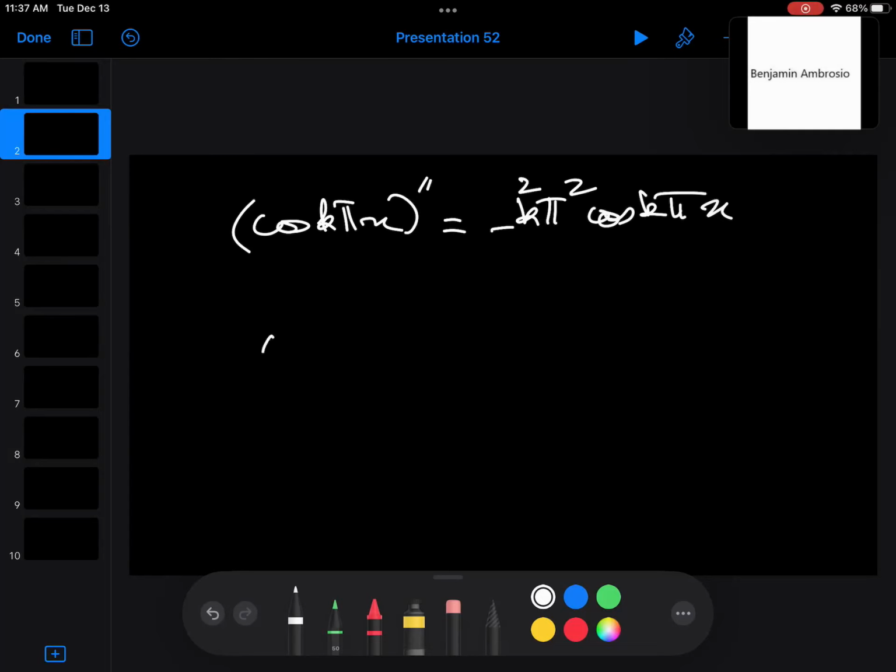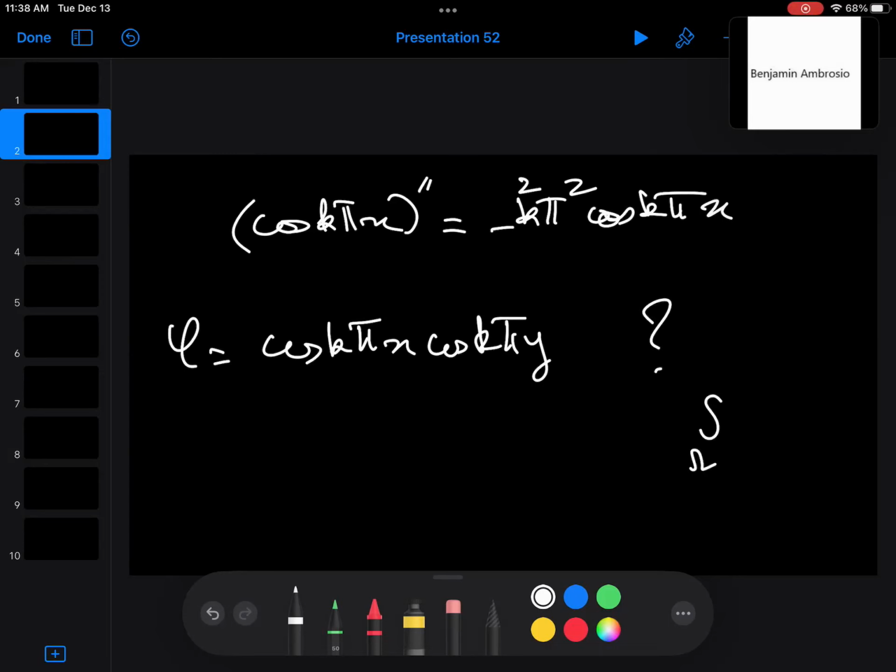Let's try something like that. And so we'd like also that the integral over omega of, but we'll see that after.